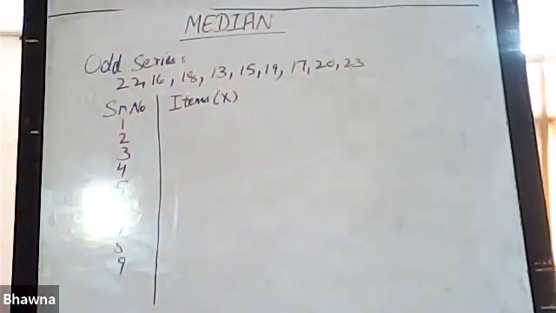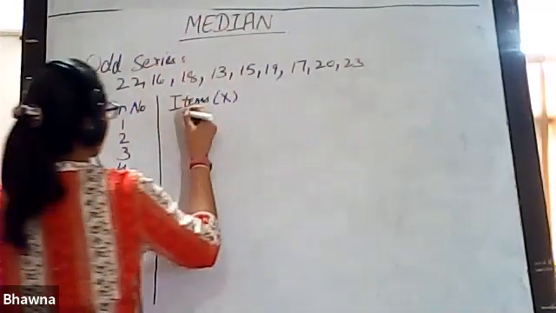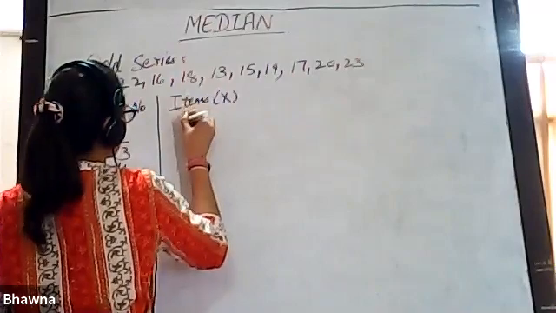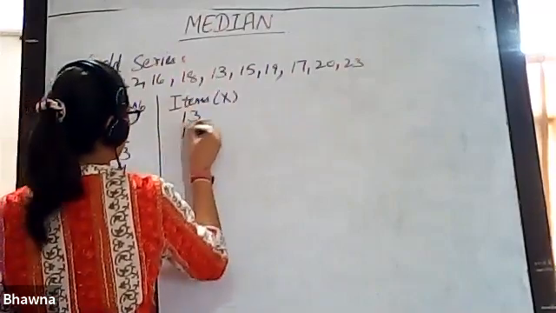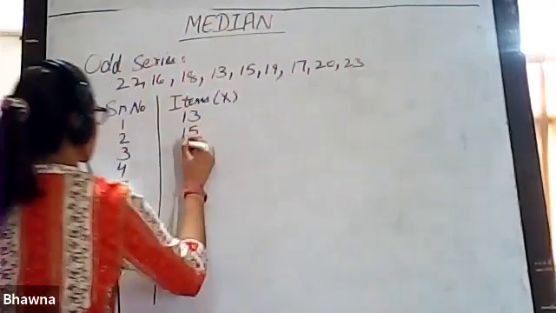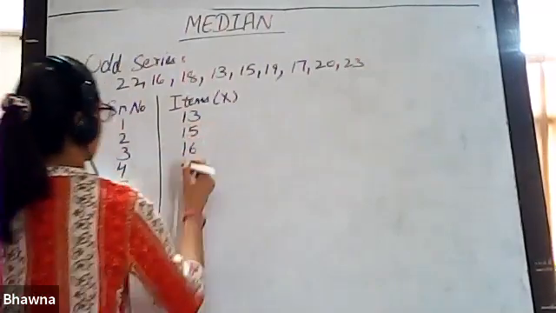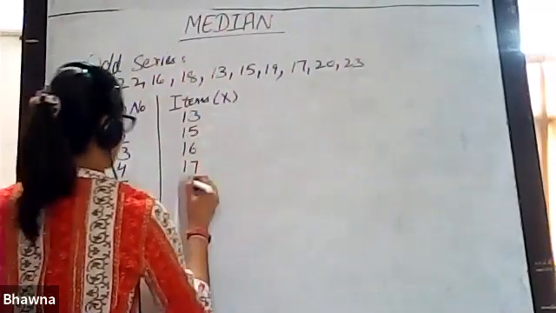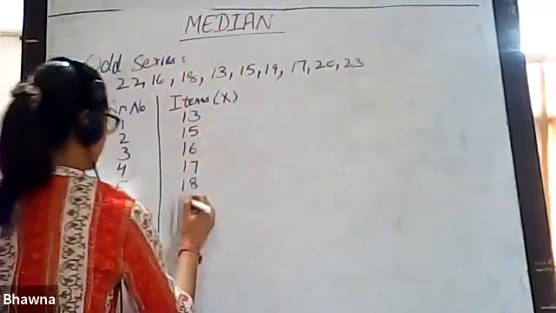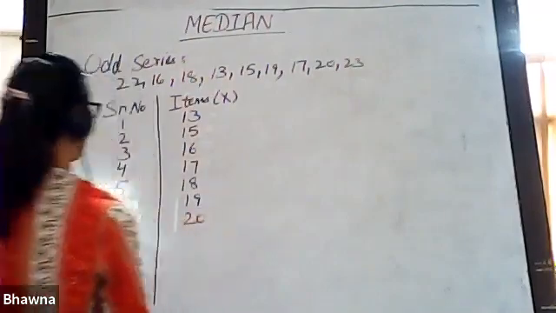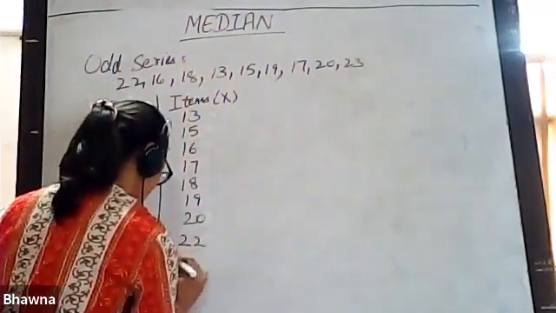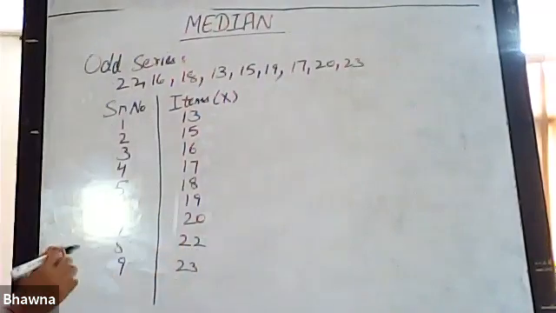So we have to arrange the data in ascending order. Firstly, we write 13. After that, 15, 16, 17, 18, 19, 20, 22 and then 23.